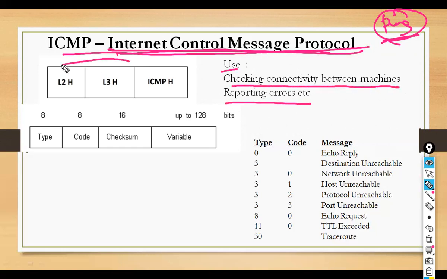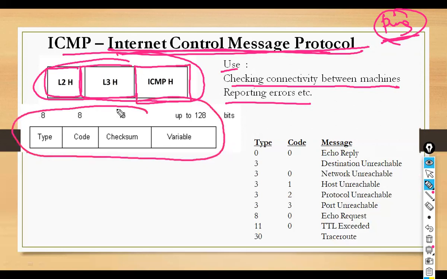This is the structure of an ICMP packet. You have a layer 2 header, then a layer 3 header, and then an ICMP header. In the ICMP header you have a type field, a code field, a checksum field, and some variable fields also. Type 0 code 0 is the echo reply, which means the ping is successful.